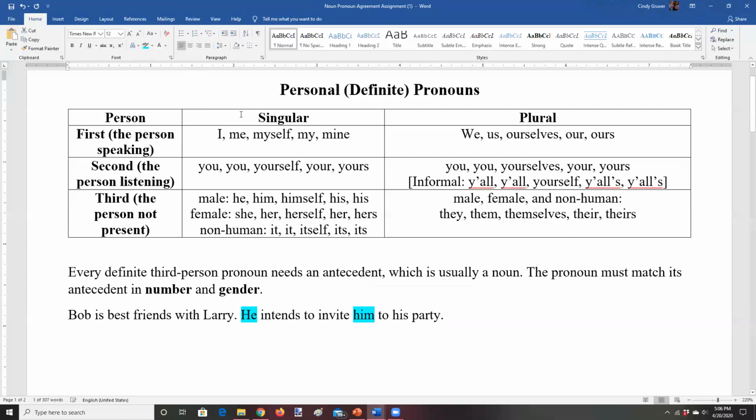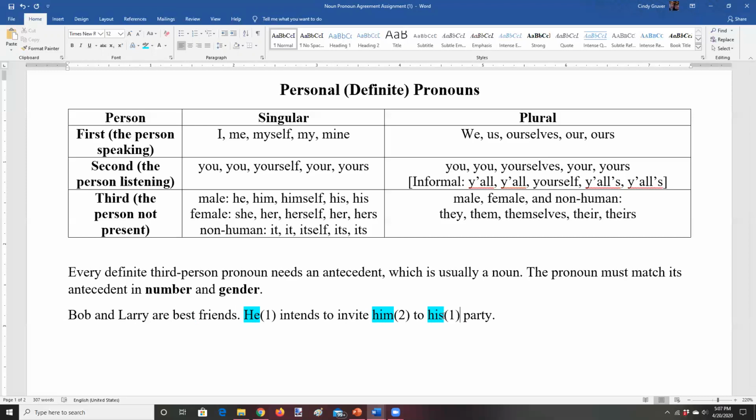Now, I think most of us would probably think, actually, let me just change this up a little bit. We're going to change the original sense. Let's say, Bob and Larry are best friends. So you probably, as you read this, assume that this he is one guy, and this him is a second guy, and this his is referring back to the first guy.